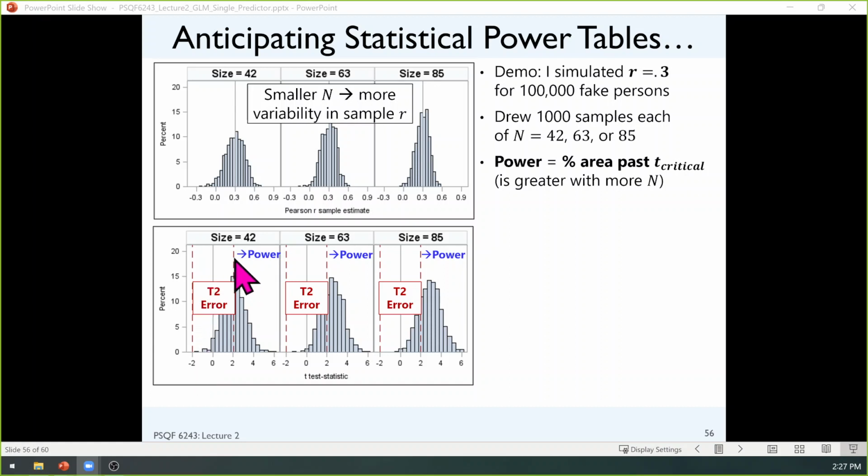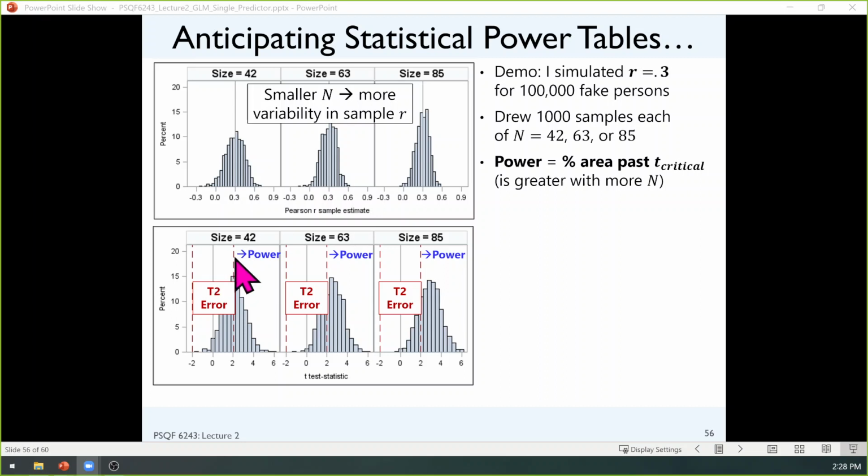So anything to the right of a t of 2 is a correlation that would be called significant, meaning that if the null hypothesis of 0 were true, I would obtain a correlation that big less than 5% of the time, so I'm going to call that significant. And anything to the left of that t of 2 is not significant.